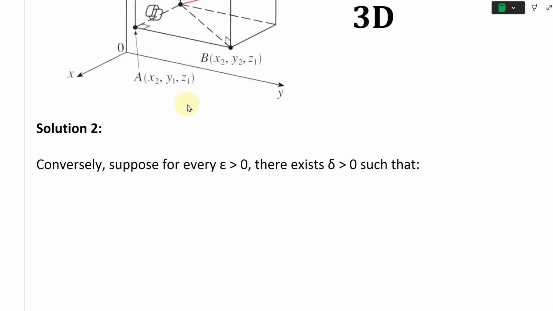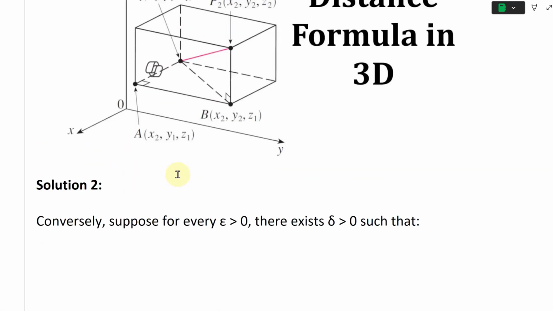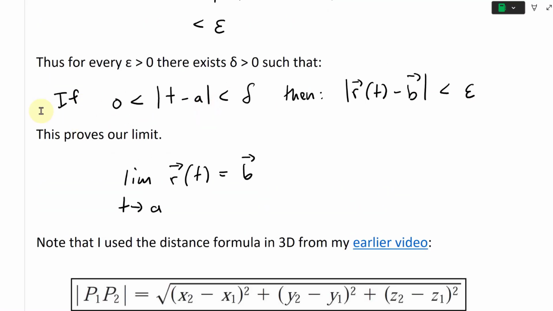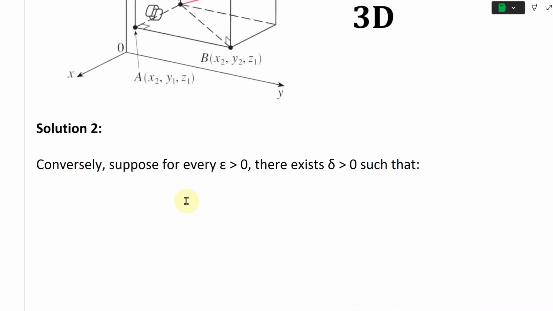Now let's take a look at the solution again, but in a different format. The solutions manual had two different solutions, so we'll solve it using a slightly different method. The first one started by assuming the limit existed and then showing that this is the case. Now we're going to go the reverse. We're going to start from here and go all the way back up the other direction.